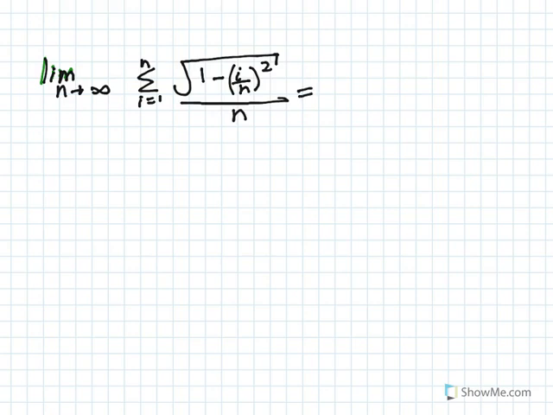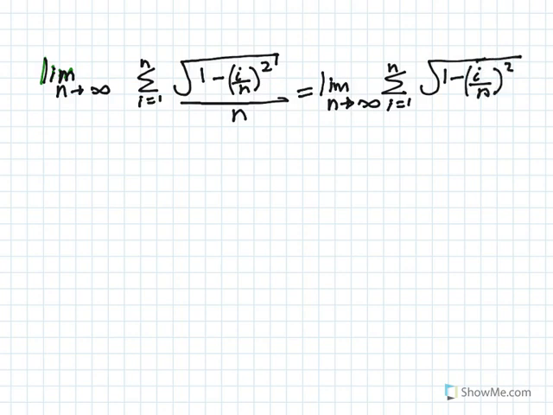Let's simplify a bit further. Limit as n goes to infinity, summation i goes from 1 to n, root of 1 minus i over n all squared, times 1 over n. And this is in fact delta x right here. So we have developed delta x. And this part here is xi.